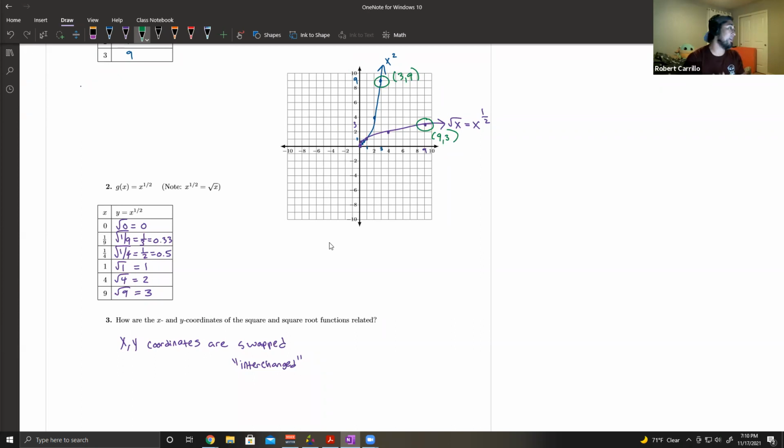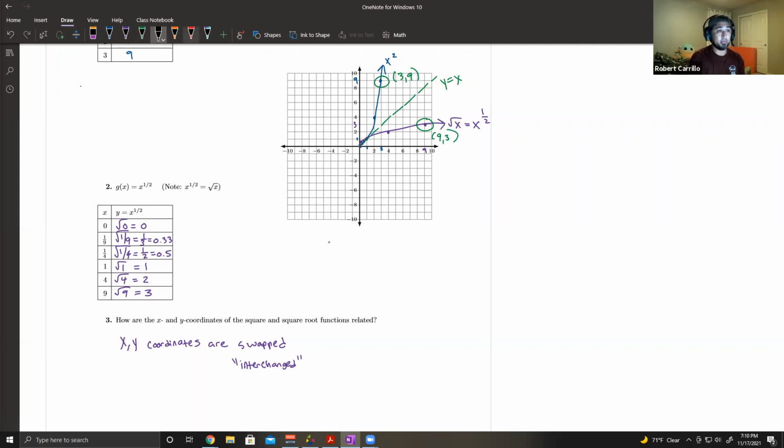So one thing about inverses, if two functions are inverses of each other, then they are symmetrical about the line y equals x. So if you have two true inverses, they reflect across each other.